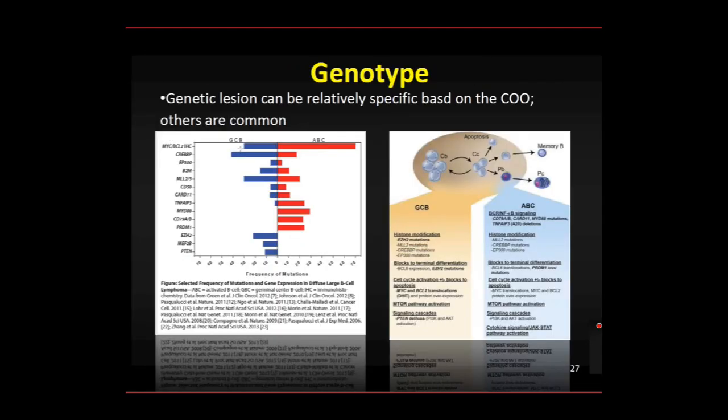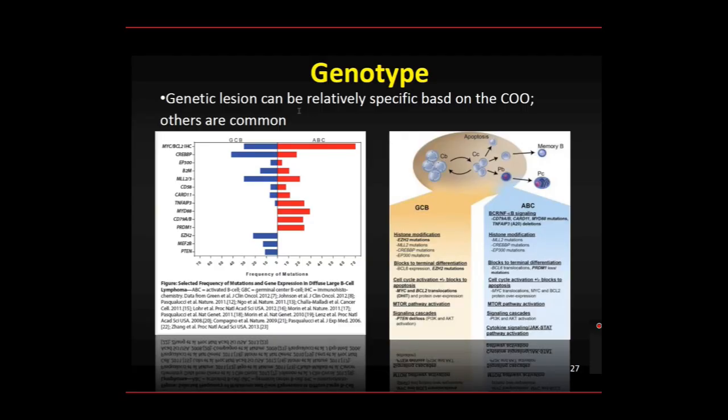And as further confirmation that ABC and GCB are somehow different, if you go back to the WHO classification, they are very similar. They are analogous in morphology, but already the phenotype is somehow different, even though not so reliable. The molecular profile, the transcriptome is different. Clinically, they are different.